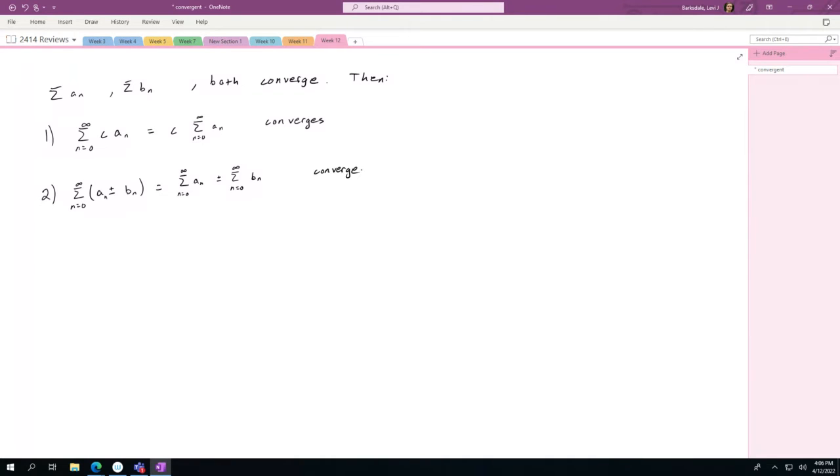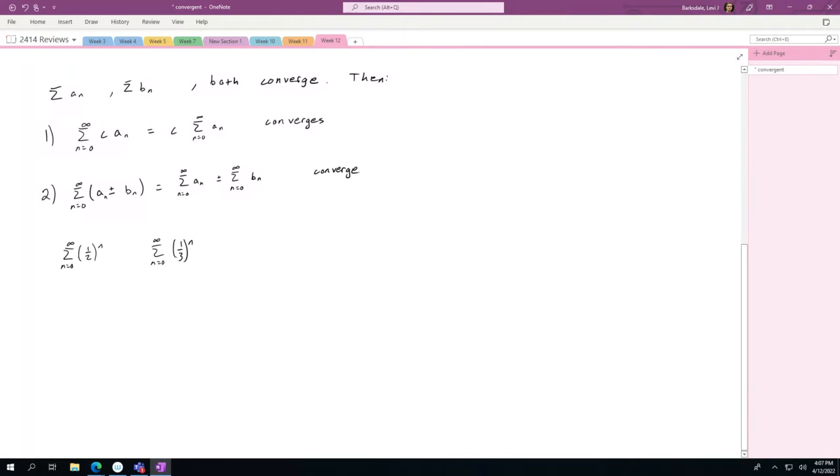So one quick example of this: if I let a sub n be the sum from n equals 0 to infinity of 1/2 to the n, and b sub n be the sum from n equals 0 to infinity of 1/3 to the n, both of these converge, right? So if I take 1/2 to the n and multiply it by 4, then 4 times 1/2 to the n is going to converge as well.